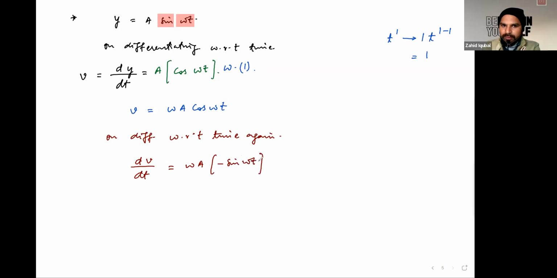Next, the function we have is omega times t, in which omega being constant, keep it outside, and the differentiation of t will be just 1. Now in this part, dv over dt will be acceleration, which is equal to minus omega squared a times sine omega t. This entire term a times sine omega t is nothing but displacement. So we may write it as acceleration is minus omega square times y.